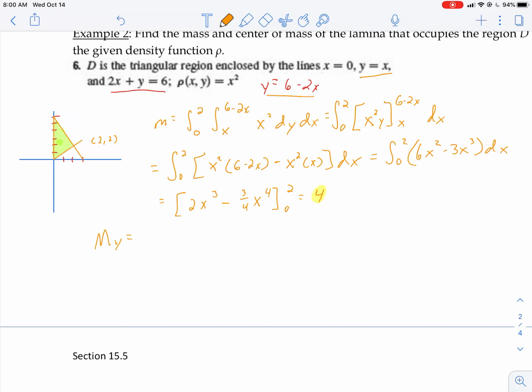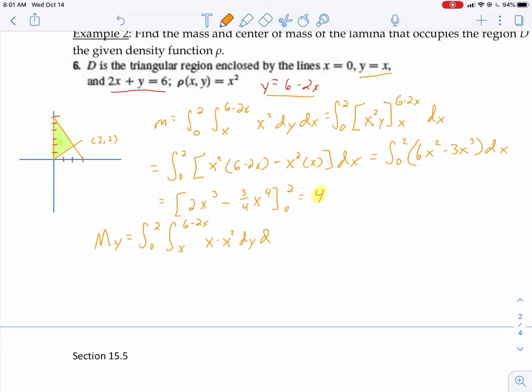And so we'll find M sub y. We're going to go from 0 to 2, x to 6 minus 2x. Here, since we're rotating, we're going to add in another x.